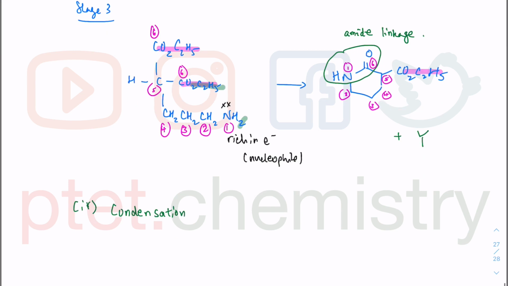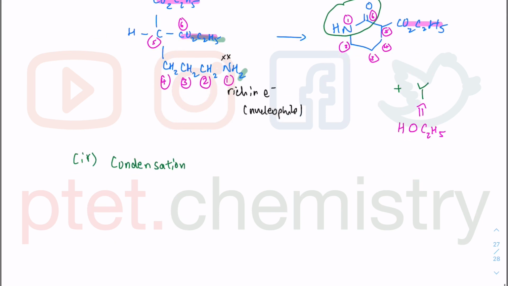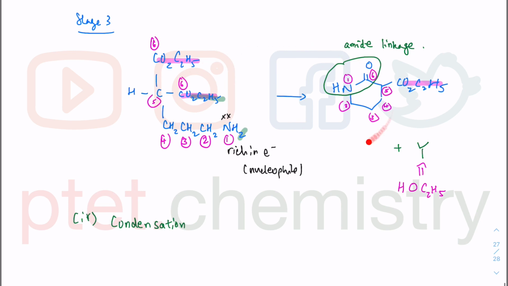So Y is going to have C2H5, it has an O, but it also has an H from the hydrogen. So I imagine that instead of condensation, because you do actually form an amide linkage, potentially you could call this elimination, because one reactant gives you two products.